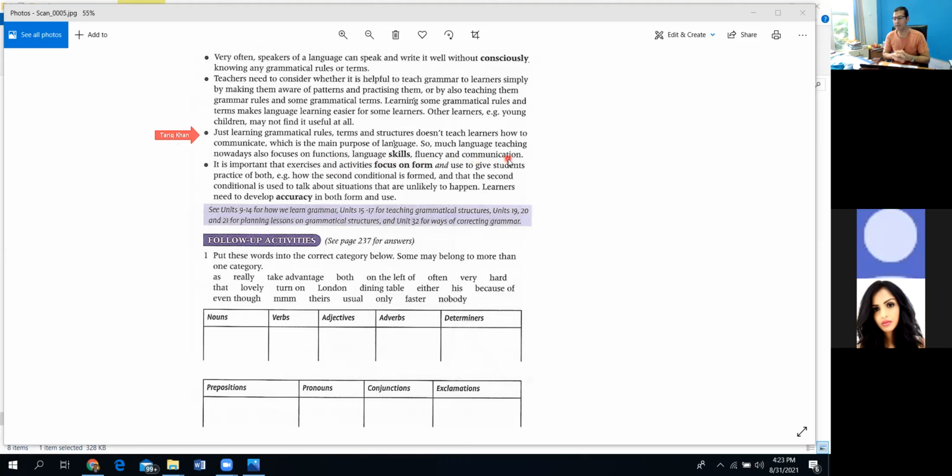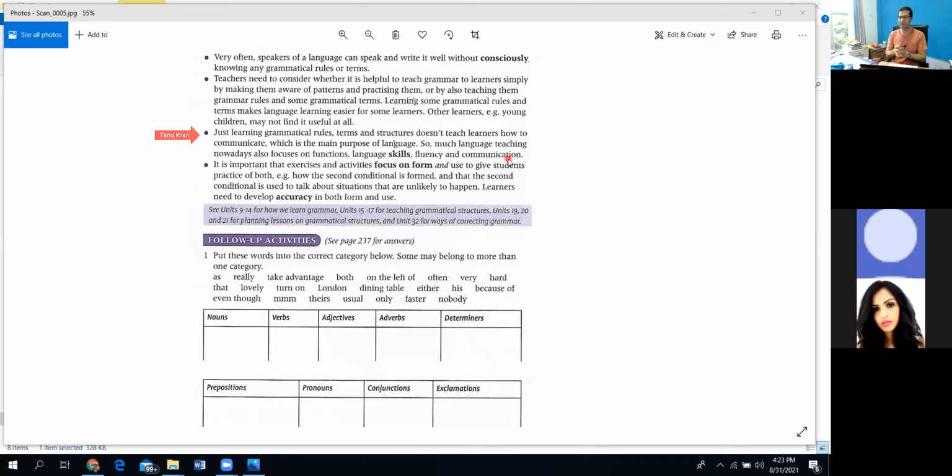If you are teaching only grammar rules, they cannot learn communication out of it. And the function of the language is actually to communicate with people. So to understand that, they need to use the language for different practical things. They need to do fluency practice and communication activities, not only grammar.